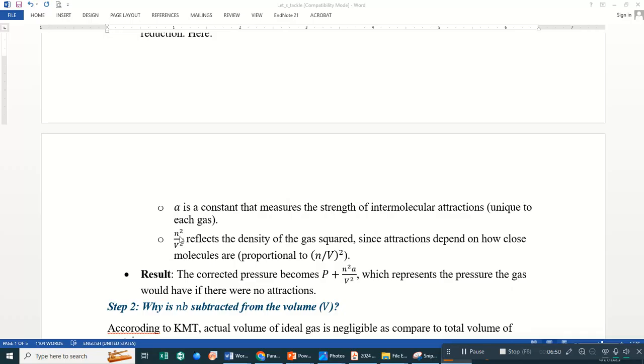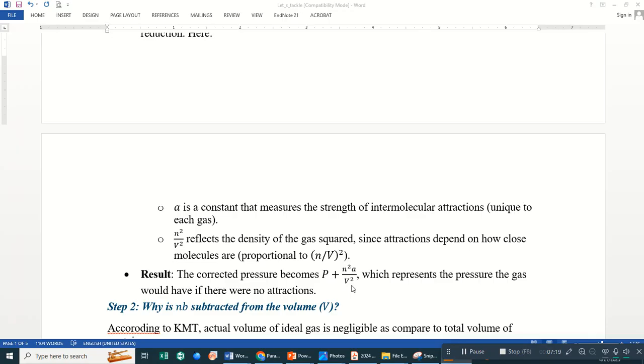If they are closer to each other, there will be a greater force of attraction. This is the reason n²a over V² is added in the pressure correction, to account for the reduction in pressure.